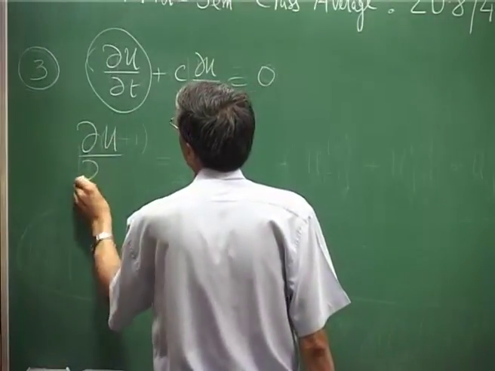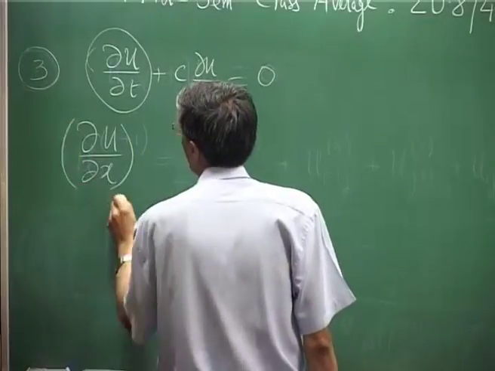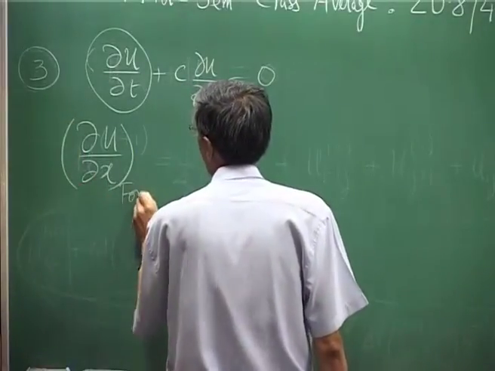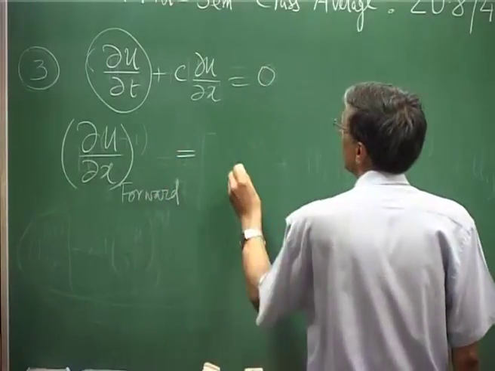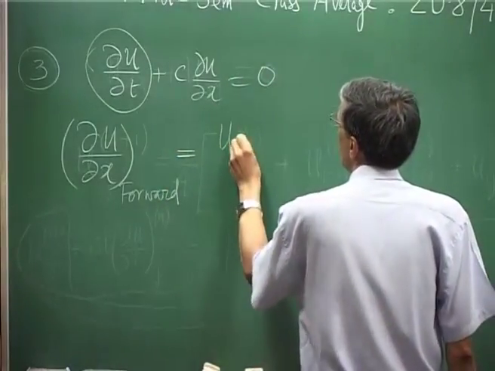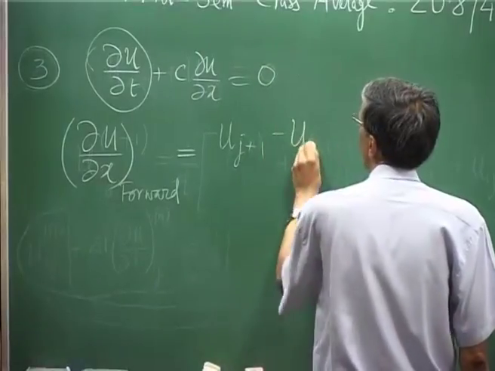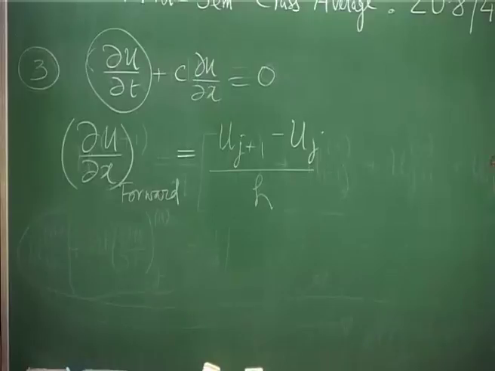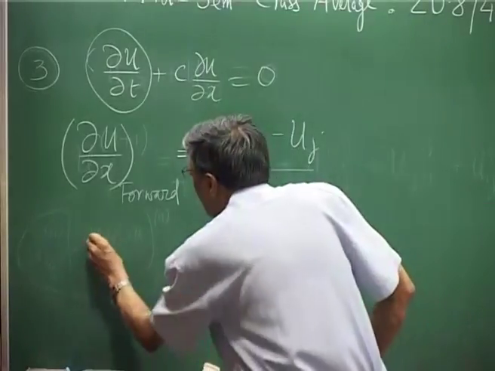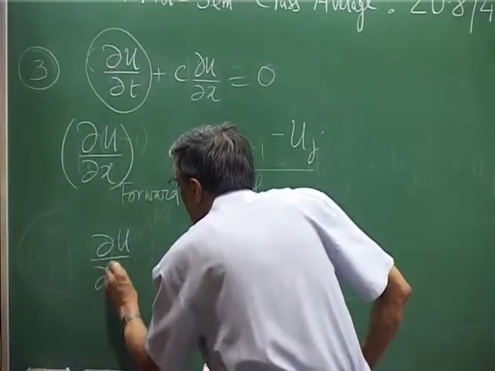Suppose I do this. What would I write? Say it is the jth node, so I will write like this. So, basically numerically you are treating the equation like this.